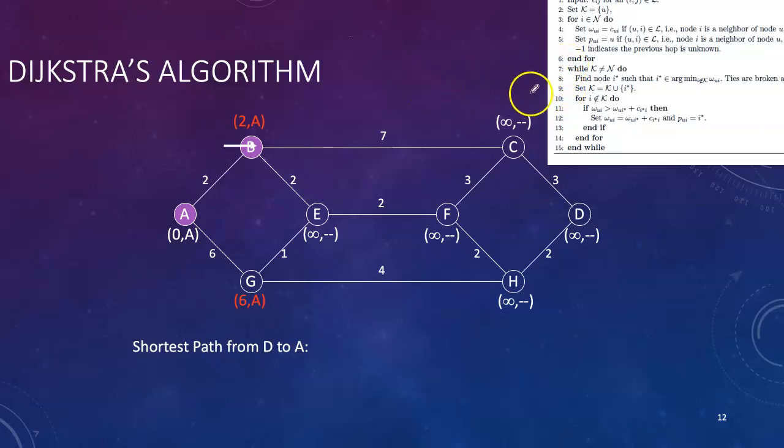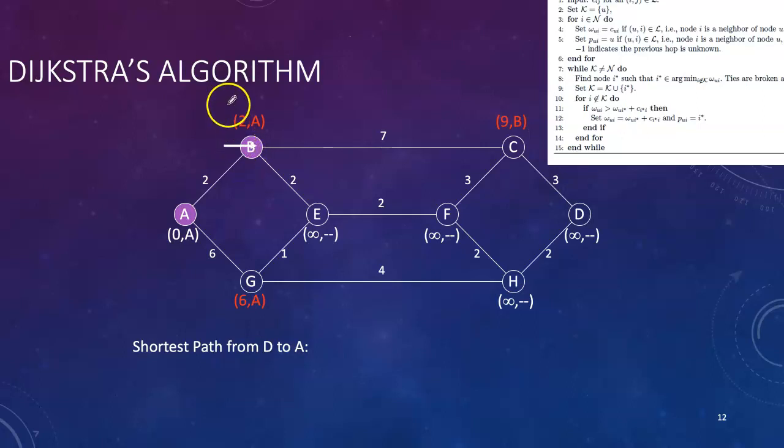In the first iteration, remember, we find a node that currently has the smallest weight outside of kappa. This node is B. B is included in kappa, and now we will reset all the other weights and PUIs.